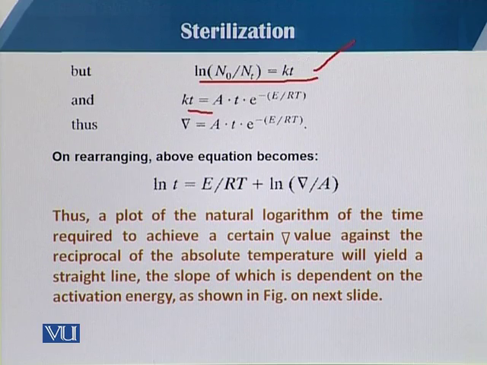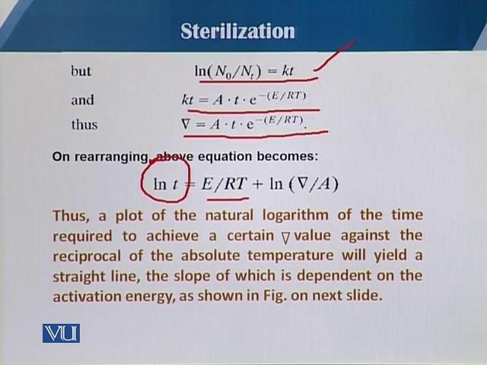As we have this equation, kt is equal to A e^(-E/RT) times t, and then the Del factor is this one. On rearranging the above equations, the equation will be ln t = E/RT + ln(Del factor/A), where A is the Arrhenius constant.